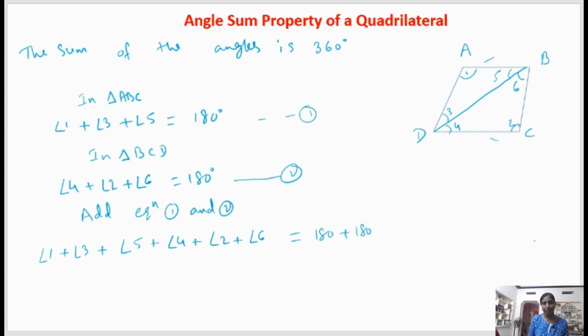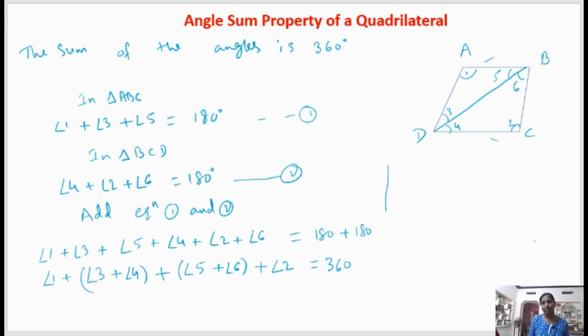Now see here, I will write angle 1 and I will write angle 3 and angle 4 together. Why I am writing like this? You will understand soon. Here 3, 4 together and I will put angle 5 and angle 6 together and plus angle 2 is equal to 180 plus 180 is 360. 180 and 180 is 360.